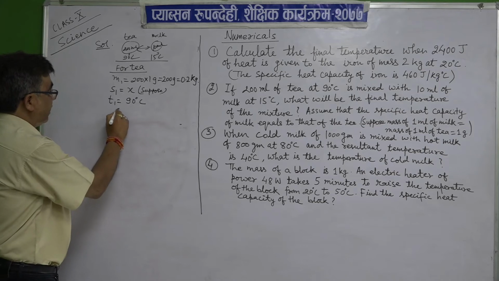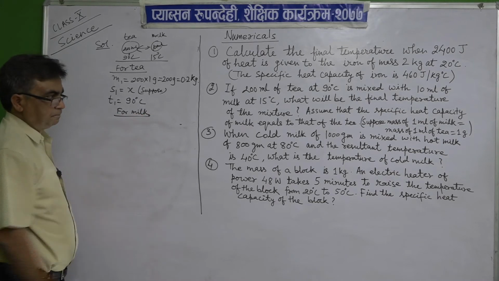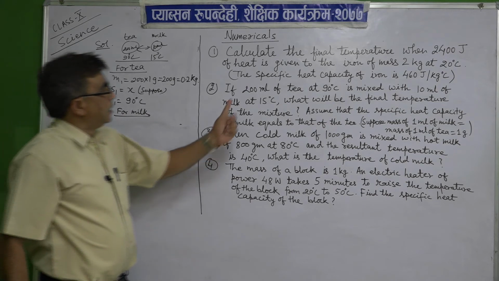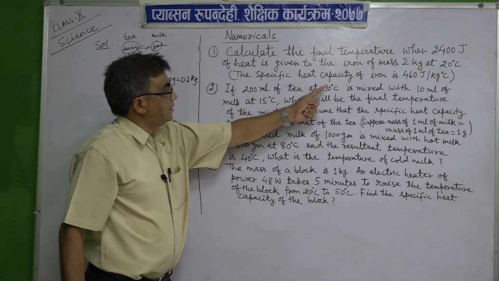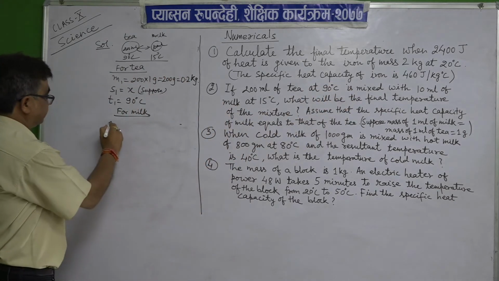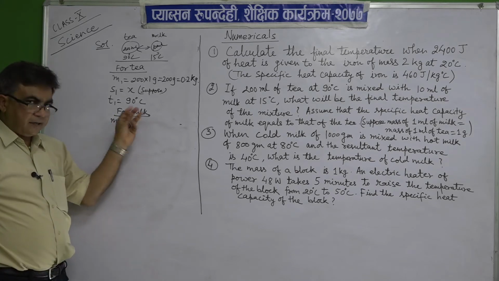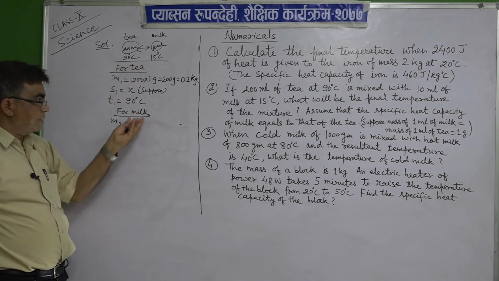So, now for milk, 200 ml of tea at 90 degree centigrade is mixed with 10 ml of milk. So, M2, now this is another body, this was your tea, now it's milk.